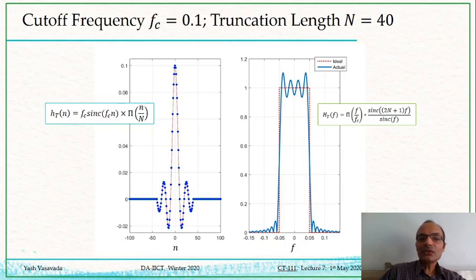When N is equal to 40, now my pulse is starting to look quite a lot like a sinc function. And therefore, in the frequency domain, what I'm getting looks quite a lot like this rectangular pulse, although there are still many ripples. But those ripples have become definitely thinner. Again, that is happening because capital N is becoming bigger.